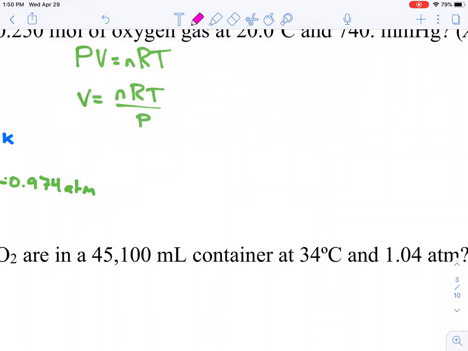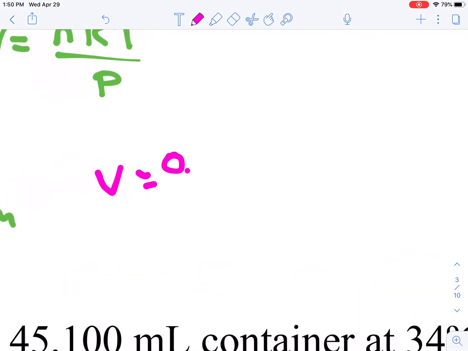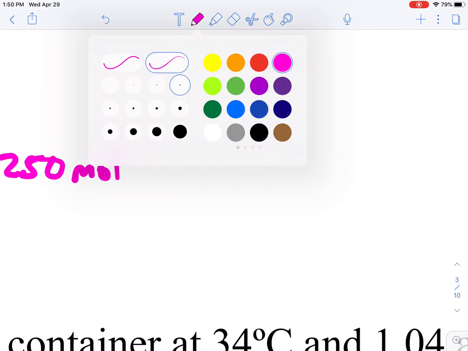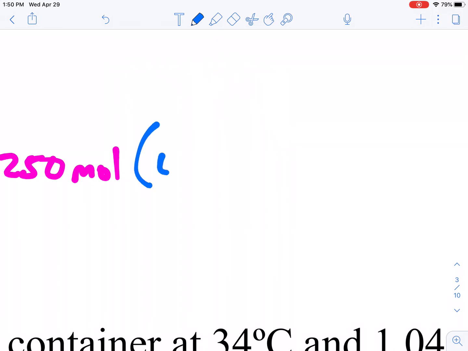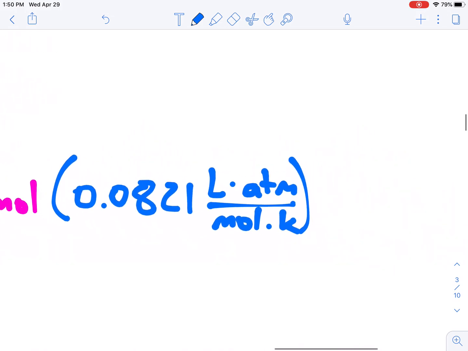We have a volume that we're trying to solve for. We know that we have 0.250 moles of this gas. We know our R value because R is always 0.0821 liters times atmospheres over moles times Kelvin, times our temperature.